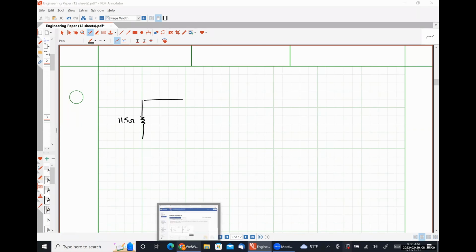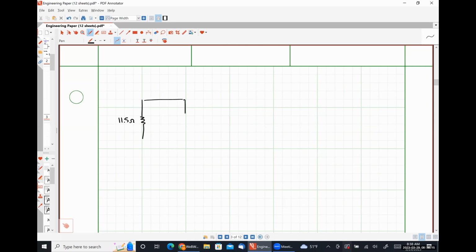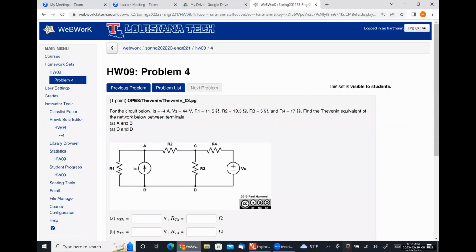And then we have a current source, and the current is -4 amps. So I'm just going to draw that as +4 amps down because I don't like negative numbers. R2 is 19.5.